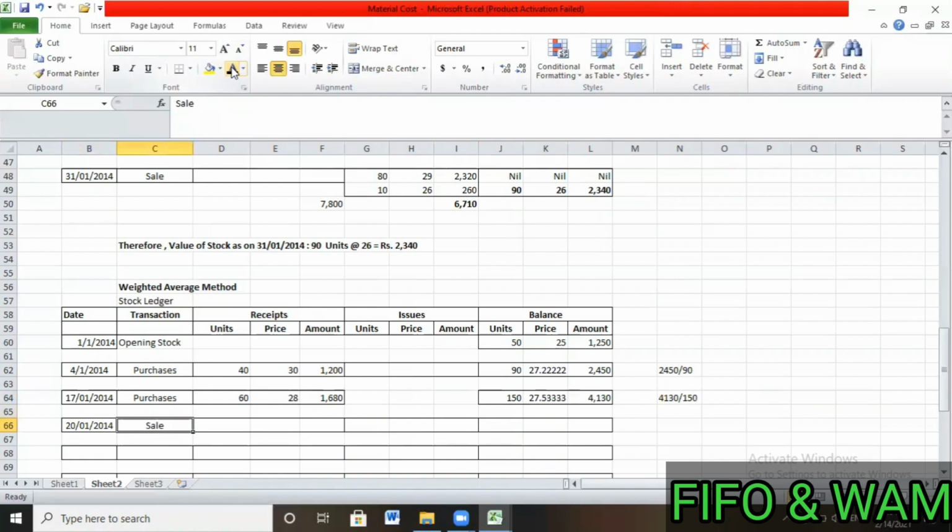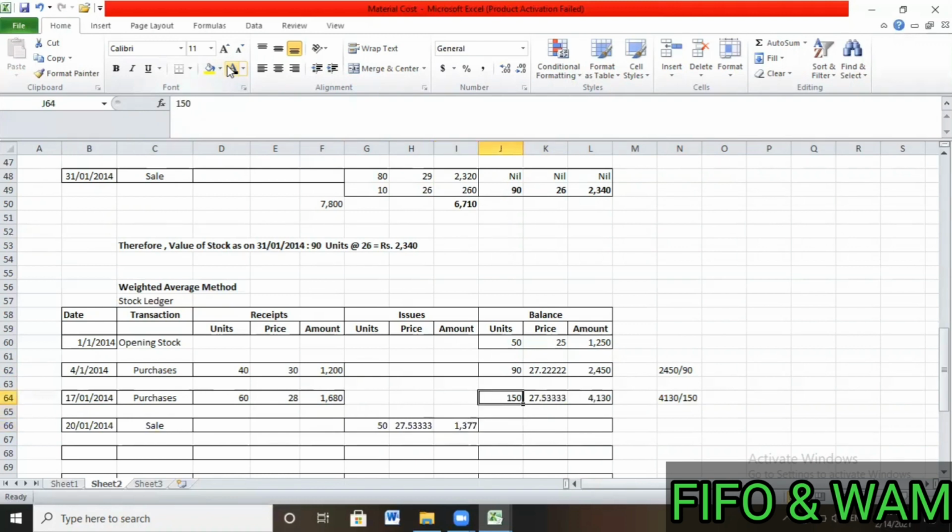Now we are moving further. On 20th January 2014, the transaction of sales will take place in issues. How many units do you want to sell? 50 units. And what will be the rate? We should follow the last rate which we calculated, that is 27.533, and we multiply this with that, and we get 1377.